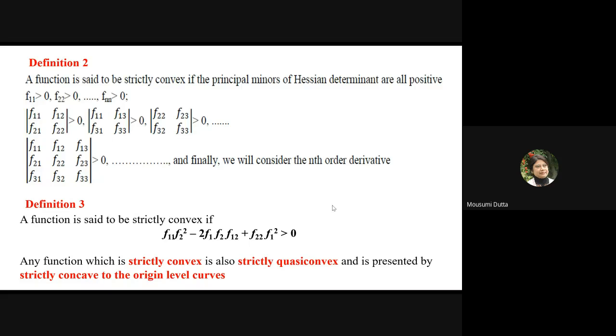So if you consider the first principal minor or second or move towards the nth principal minor, all the values will be positive. Actually, this moves towards the notion of minimization. In case of minimization, we get this condition because a strictly convex function gives us the minimization. So minimization takes place when these conditions hold.